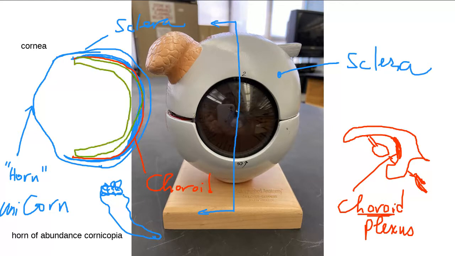And that is known as the retina. So from the outer, you have sclera, then you have your choroid, then you have your retina, right? So that's from the outside in. 1, 2, and then 3.